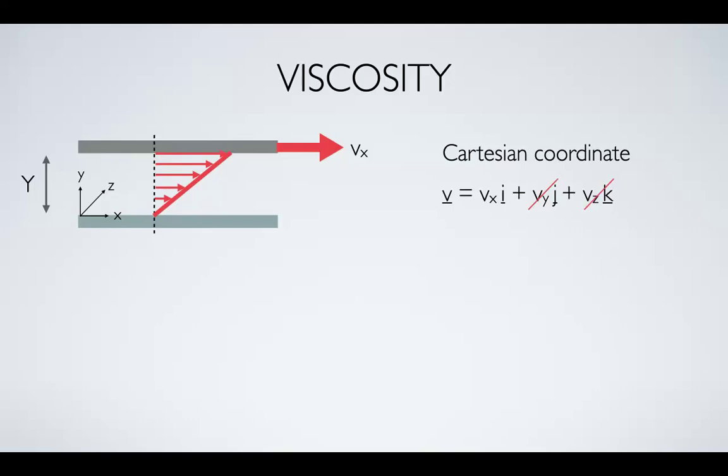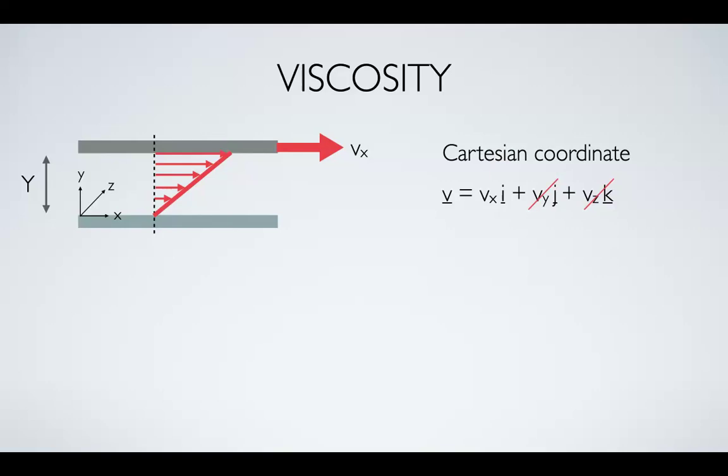So if you distribute the vector v right here, Vy and Vz are going to be 0, right? Because there is no movement of water in y direction or z direction. Because you're only pulling the top plate in x direction. So water is not going to flow up or down or perpendicular to the screen like that, right? It's going to move along in x direction only.